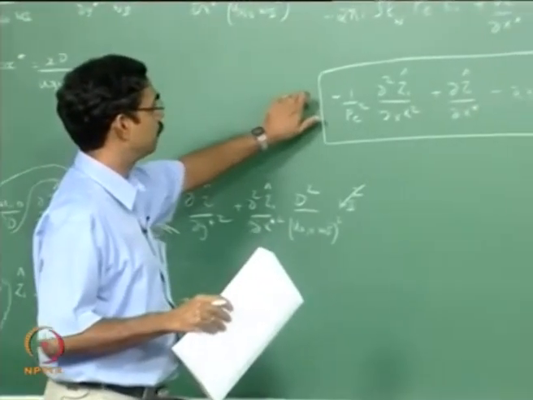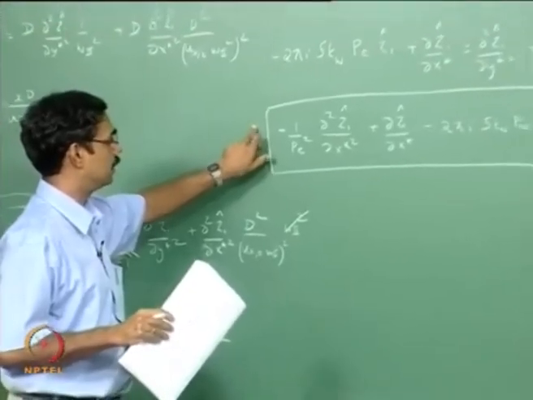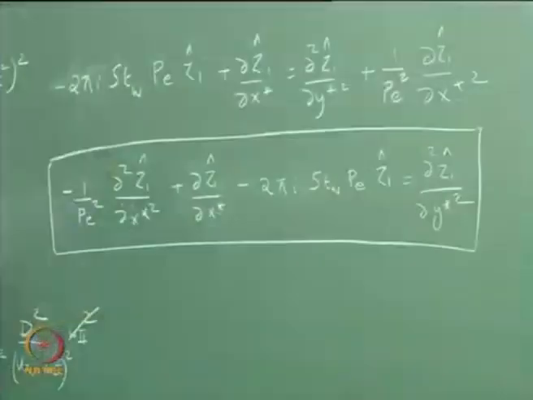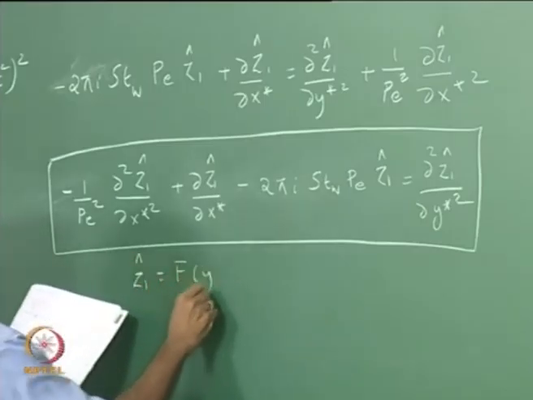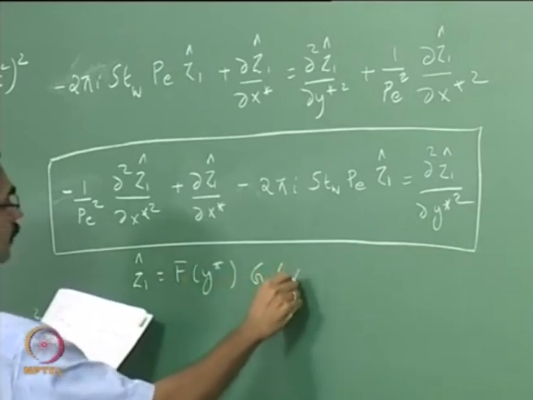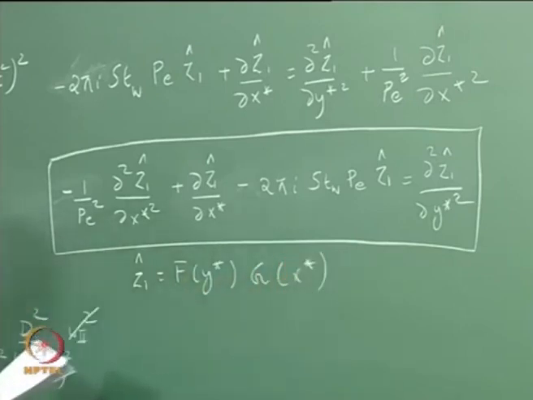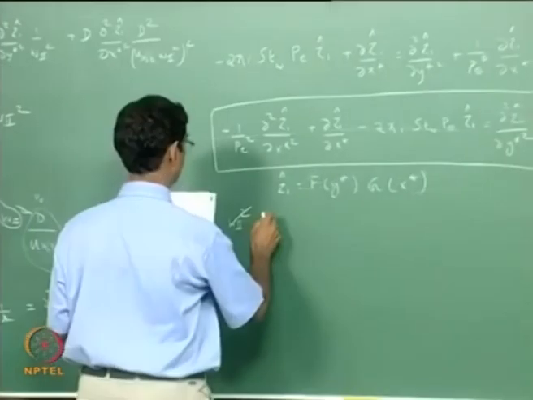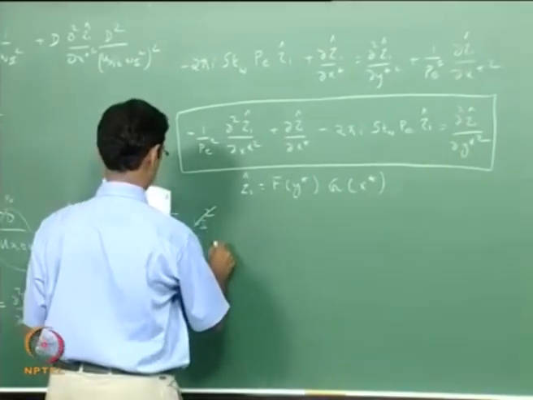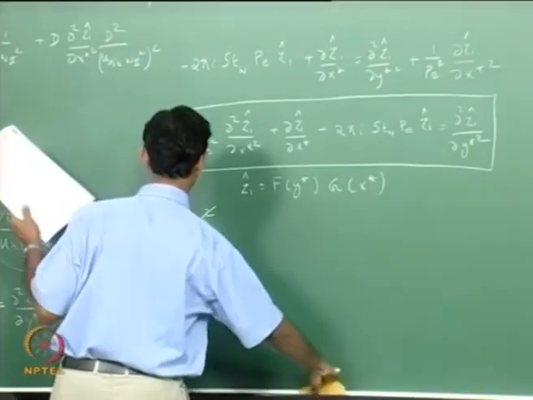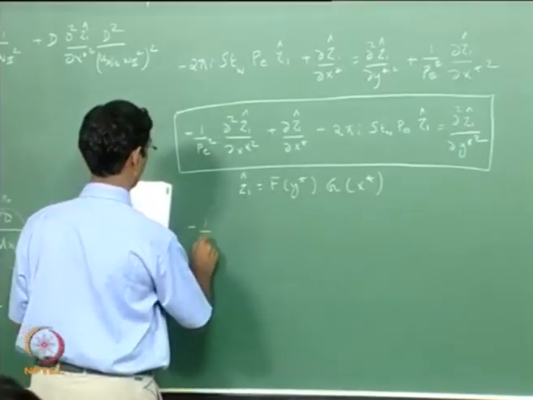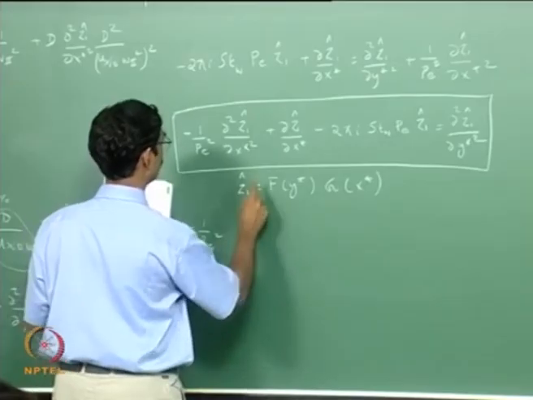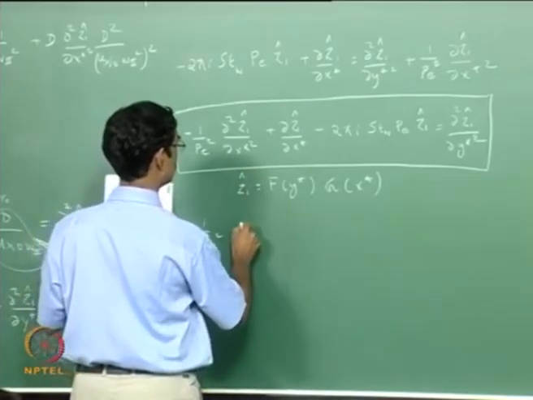So if you club all the x star terms to one side, you would get this equation. So what we can do is to solve it by separation of variables. So we say z1 hat equal to f of y star g of x star. Substitute in here, you will get, I think by now you must be experts in this. Yeah, come on, help me.